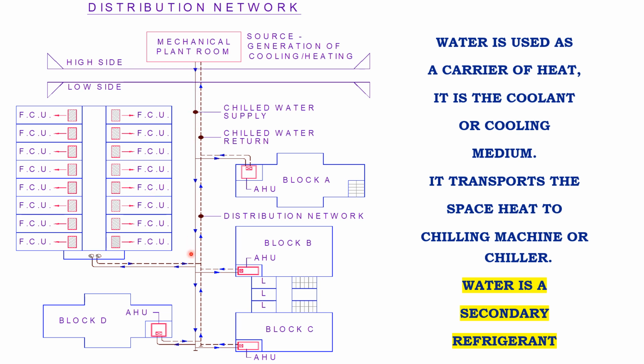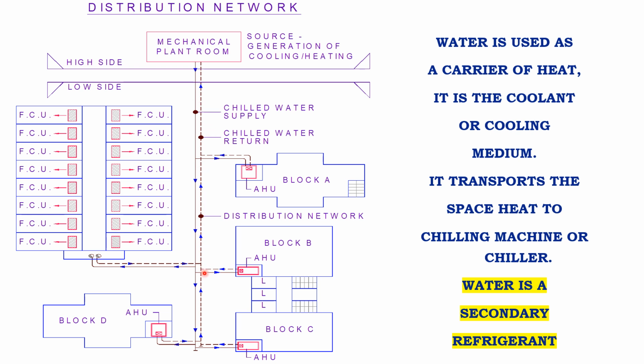There is a supply header from which the air handling units or the fan coil units are connected, and these are connected at the load end. The heat which is generated is taken to the plant room wherein the chiller, cooling towers, and the pumps are installed. This is called the chilled water supply and the chilled water return. And on the cooling circuit, I have already explained.